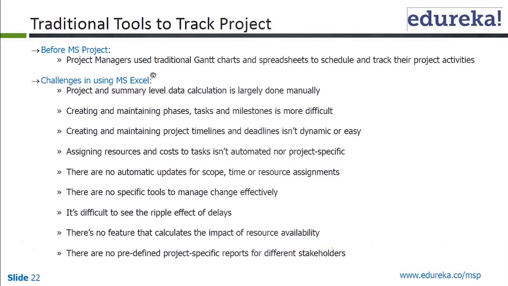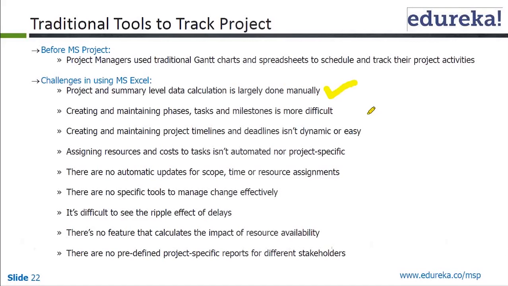So what are the challenges in using MS Excel? Project and summary level data calculation is largely done manually. What is the challenge in this? You are doing the calculation manually, so the chances of you missing one thing will percolate everywhere.